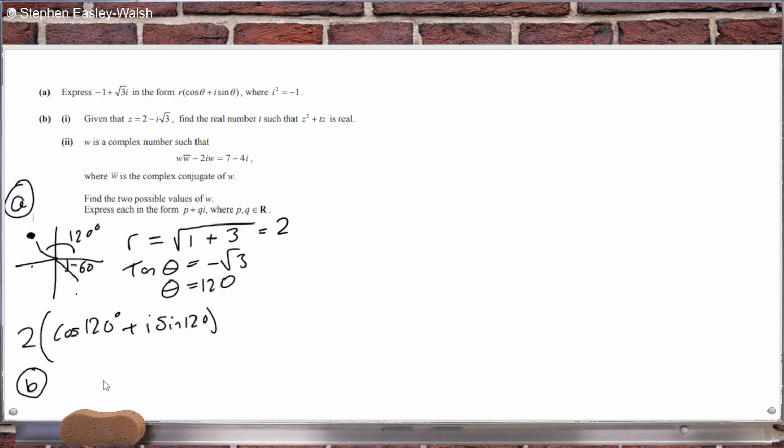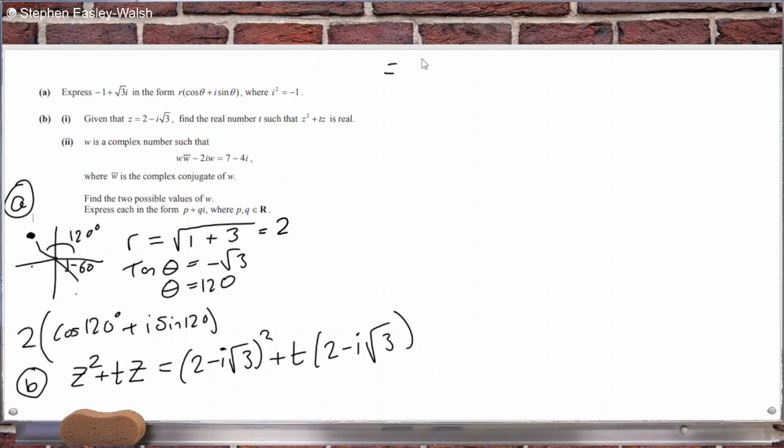So now we just want to calculate z squared plus tz. So that will equal 2 minus i root 3 squared plus t times 2 minus i root 3.